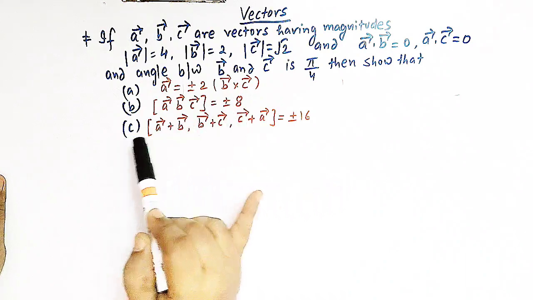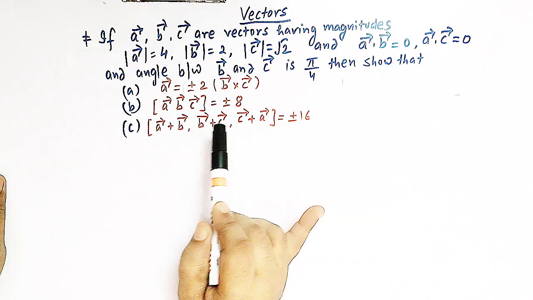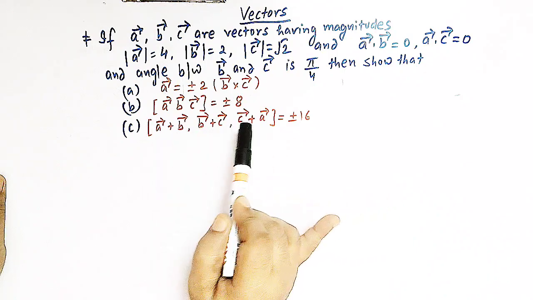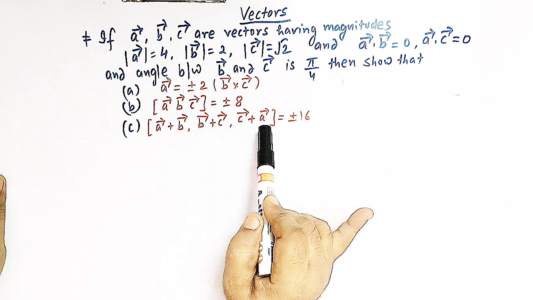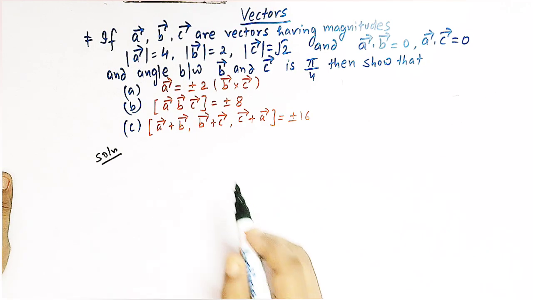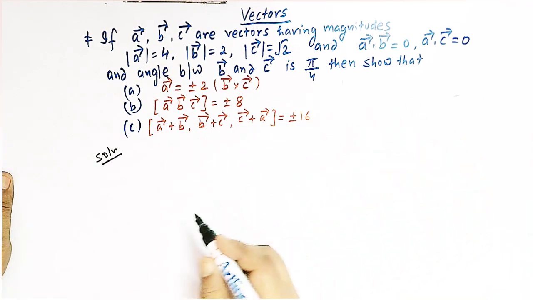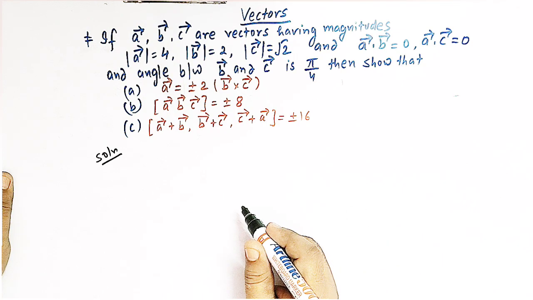And in the third part, we have to prove that the scalar triple product of these three vectors, that is A plus B, B plus C and C plus A, is equal to plus minus 16. So to solve this problem, we have to make use of different concepts from vectors, right?